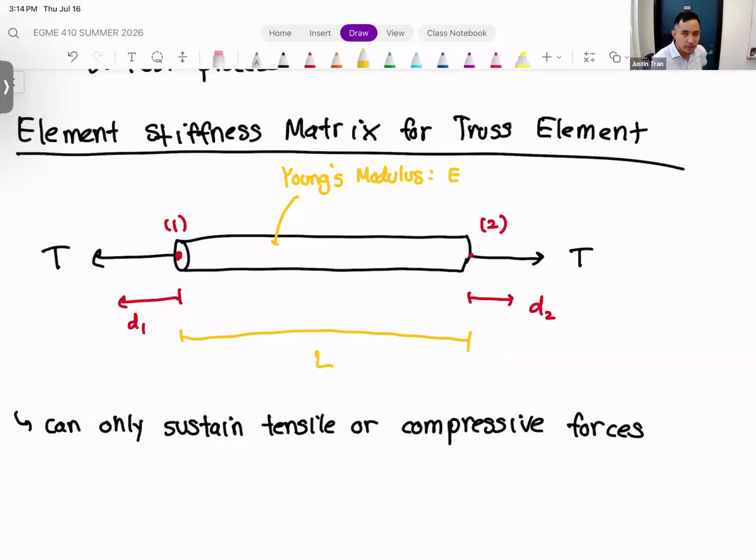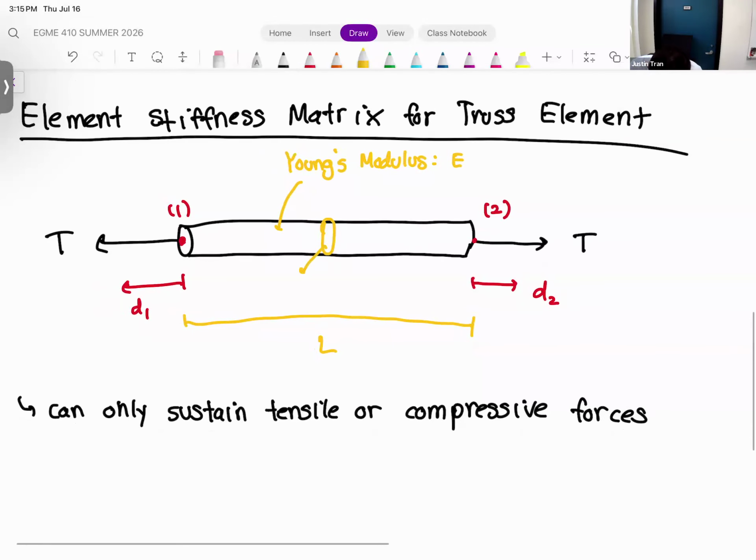Remember, Young's modulus is typically given the symbol capital E. We also know the cross-sectional area of our truss bar, which we'll give the symbol A. So those are our three properties: E, A, and L. Based on this figure and the information that's given, we can derive the element stiffness matrix for the truss bar.